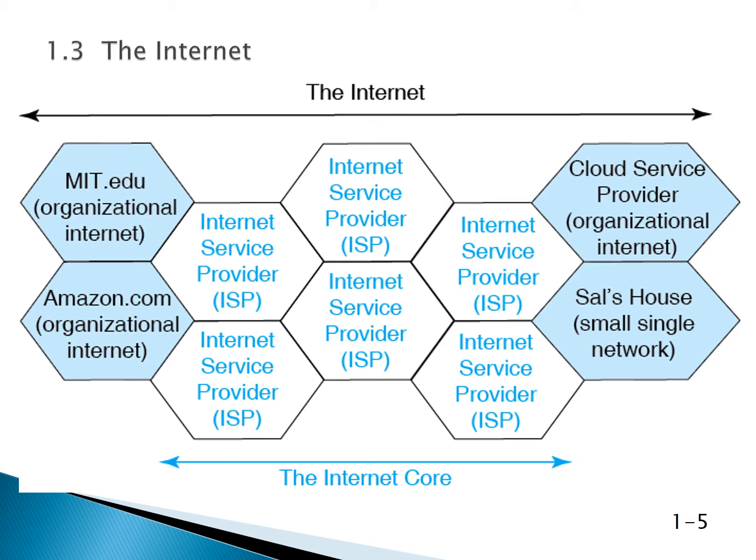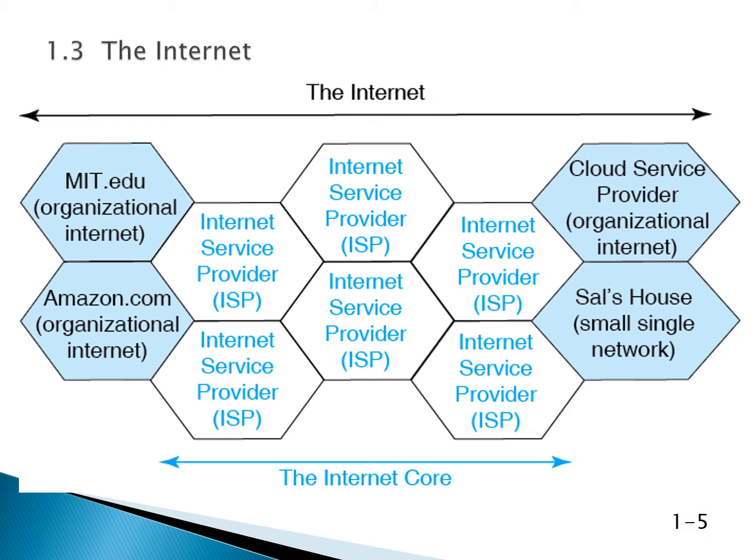The core of the internet is basically formed by a lot of internet service providers, and they connect to each other. Besides that, there are also different users of the internet. For example, it can be universities, companies, cloud service providers, or personal users, and they are all connected to their respective ISP, their internet service provider.